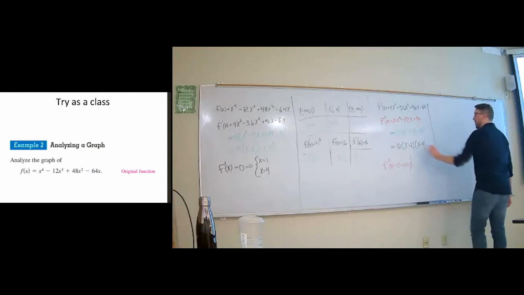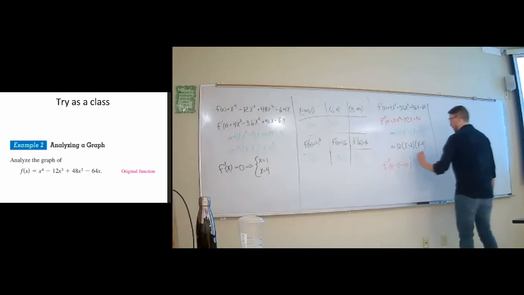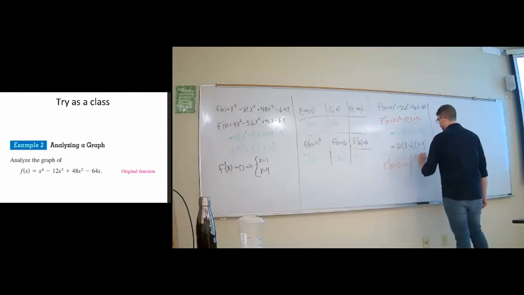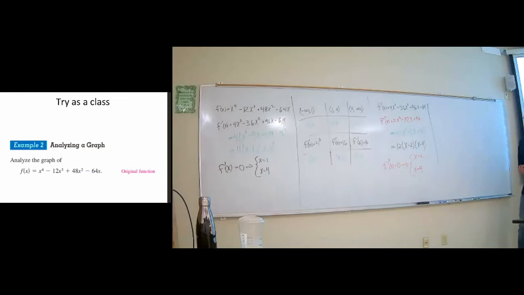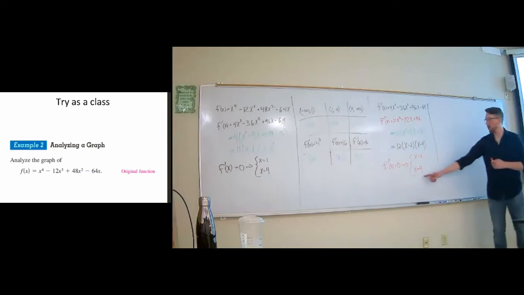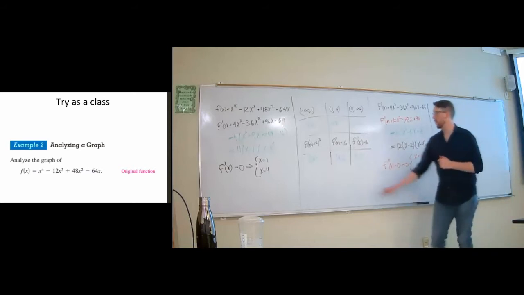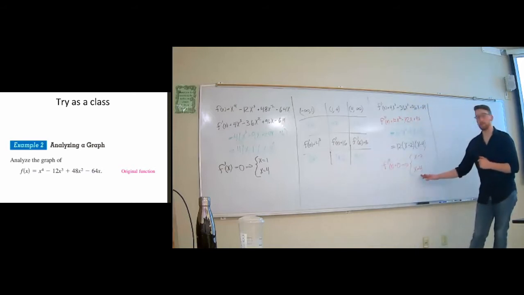That happens when x is equal to 2 and when x is equal to 4. Question, do we have any issues here? We have one, right? We have a critical number that corresponds with a possible inflection point. So we're gonna have to play with some things here, right?